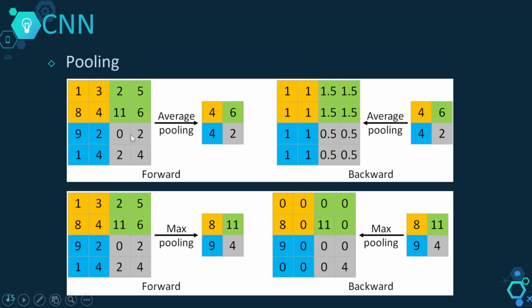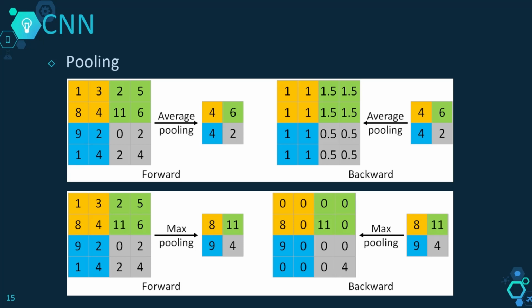Average pooling means that for the window the pooling covers, we just get the average of everything as the output. For the first window, 1, 3, 8, 4, the average is actually 4. You can do it yourself. Second one, 2, 5, 11, 6, 6. So this is forward. How to go backward?